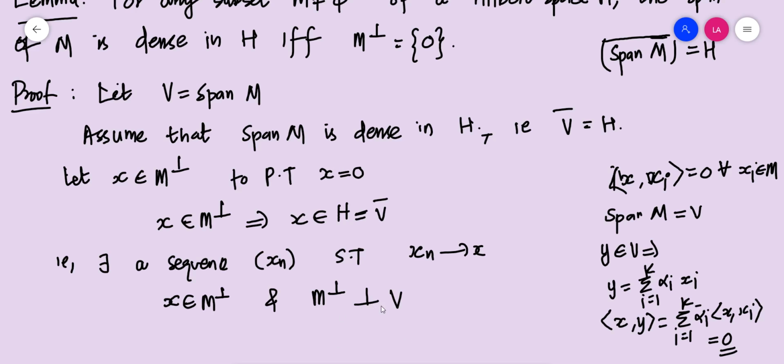So M perpendicular is orthogonal to V, which is equal to span M.